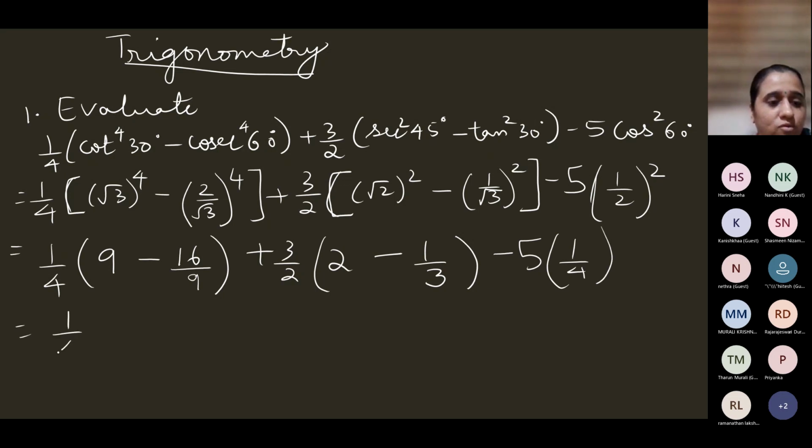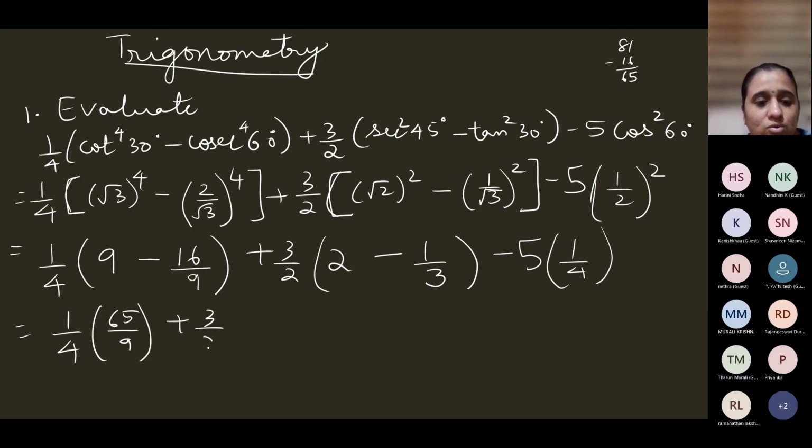So that's 1 by 4 into 9 9s are 81, 81 minus 16. How much is it, children? It's 65. Is it 65 by 9, children? Okay, 65 by 9.